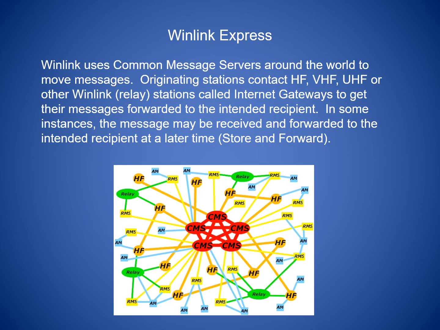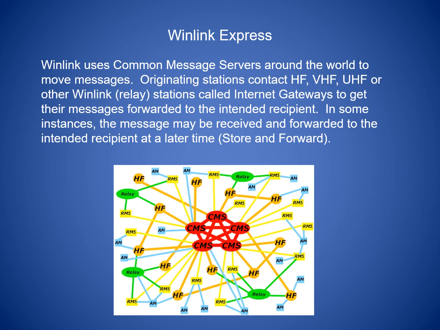WinLink uses common message servers that are online 24/7 around the world to move messages. The originating stations contact HF, VHF, or UHF or other WinLink gateways to get their messages forwarded to the intended recipient via the internet. In some instances, the message may be received and forwarded to that recipient at a later time.